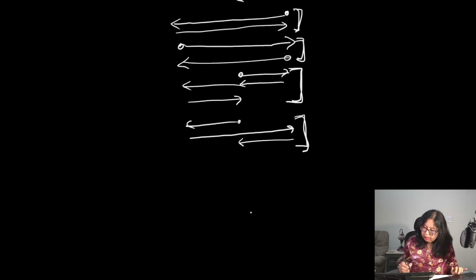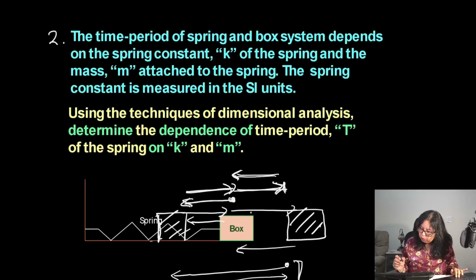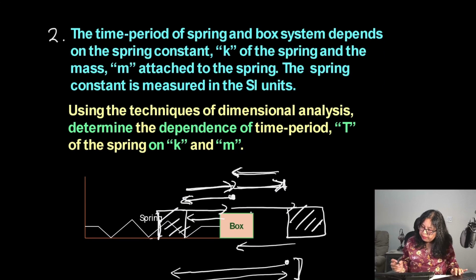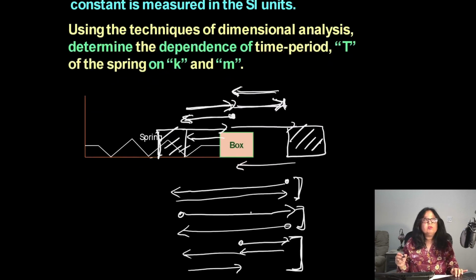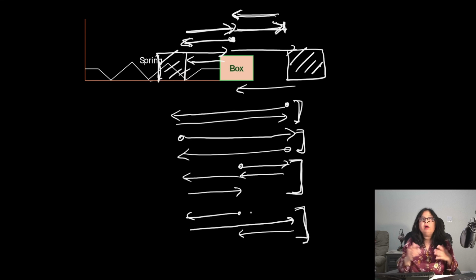Okay, back to the problem. We're told that the time period depends on K and M. K is the spring constant of the spring. Spring constant tells you how rigid the spring is. The more rigid the spring is, that is, the more it wants to go back to its equilibrium position, the stiffer the spring is, the more the spring constant is.